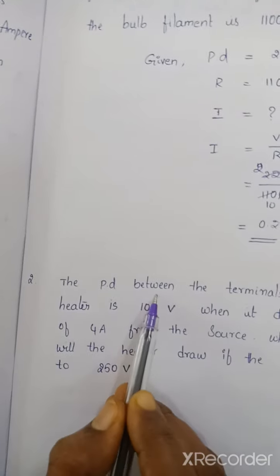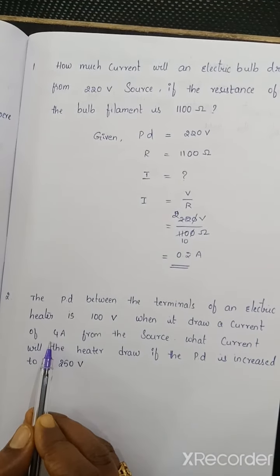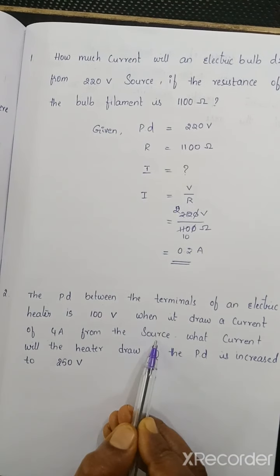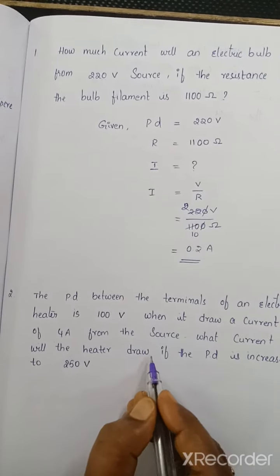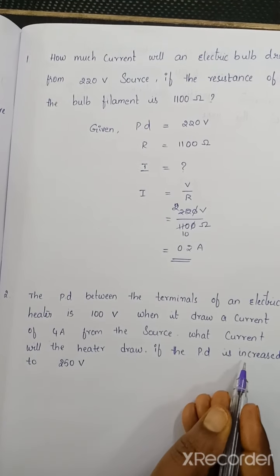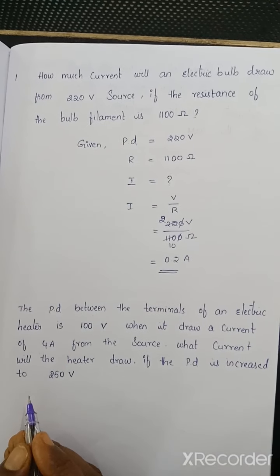Here is our second problem. The potential difference between the two terminals of an electric heater is 100 volts. It draws a current of 4 amperes from the source. What current will the heater draw if the potential difference is increased to 220 volts?